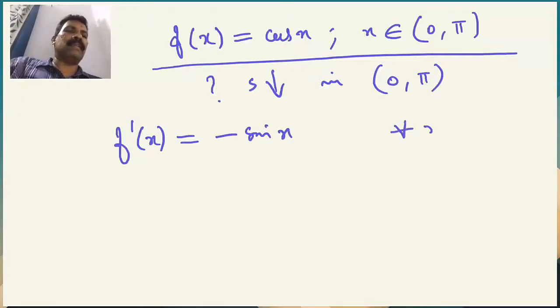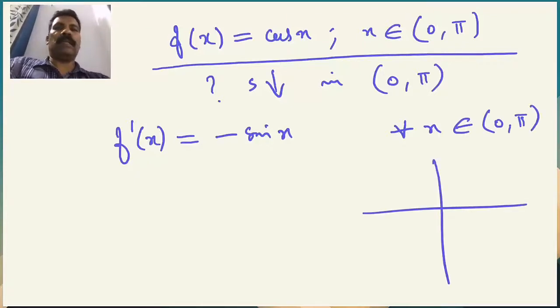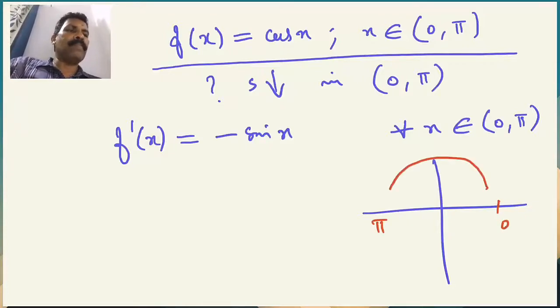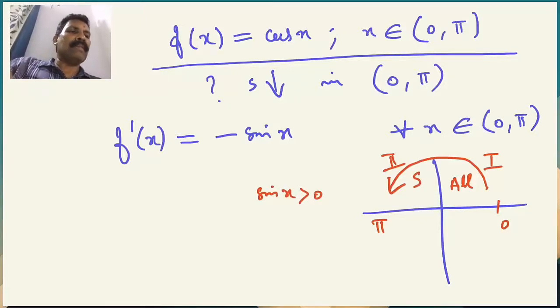And you see for all x belongs to 0 to pi, that is, you can see 0 is here and pi is here. So 0 to pi means first quadrant and second quadrant. And in the first and second quadrant, sine is positive. So, simply speaking, throughout the first and the second quadrant, sin x is positive.